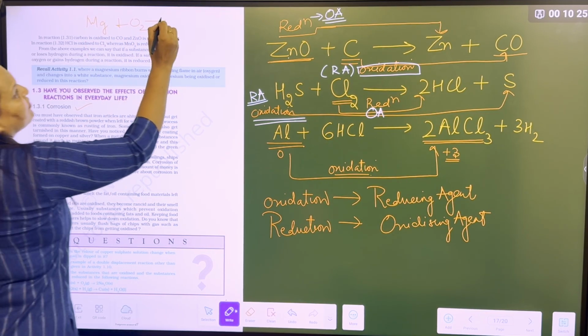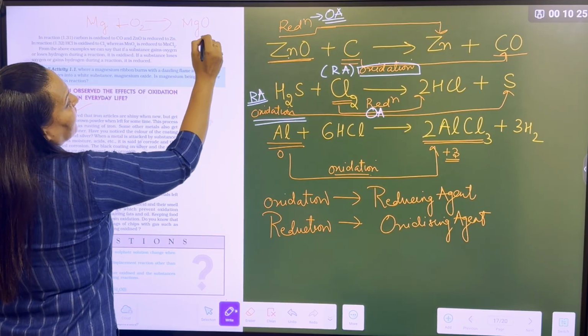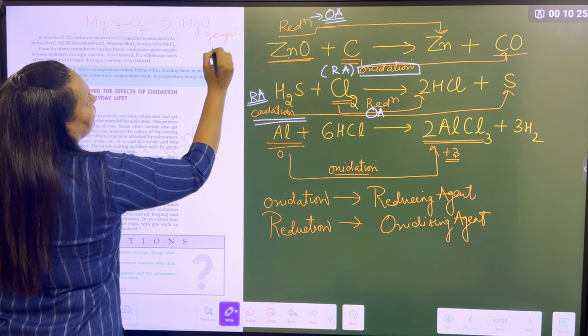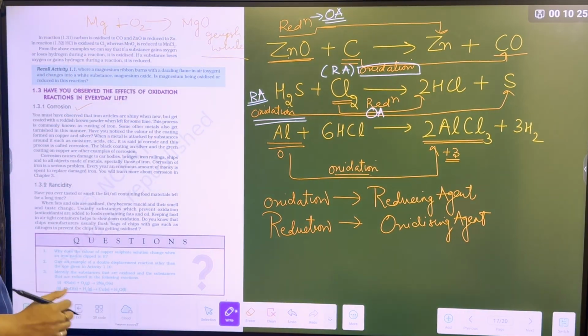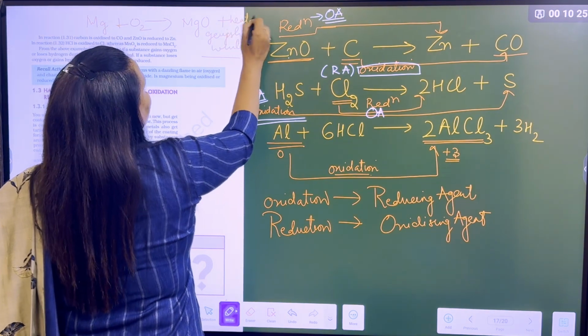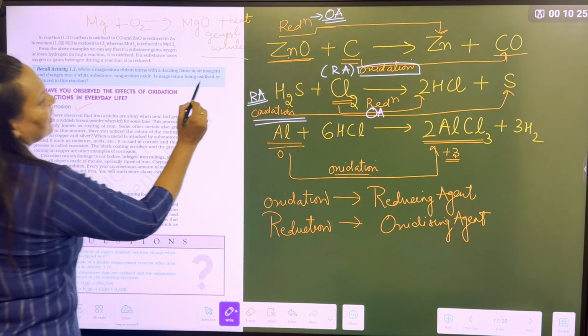Yes, it burns with a white dazzling flame to give magnesium oxide, a grayish white powder. It is a combination reaction, it is an exothermic reaction, and magnesium is oxidized.